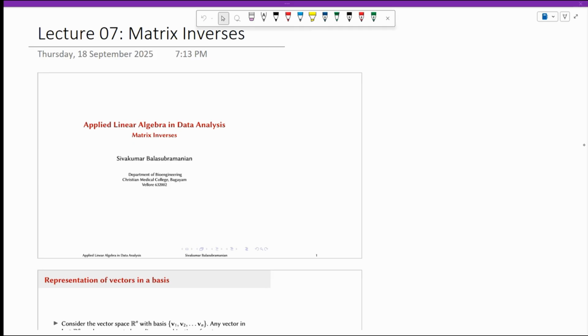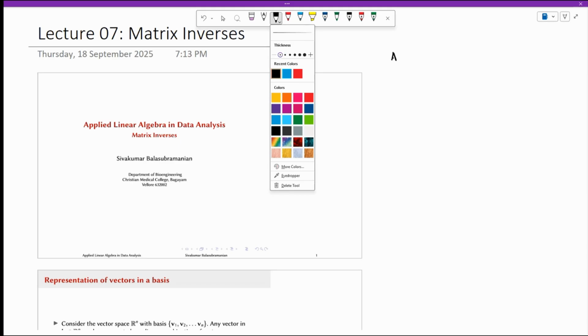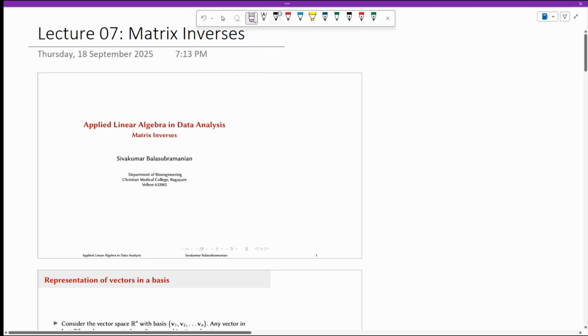So here we will look at what we algebraically know a matrix inverse is. For example, if I have a matrix A, and I tell you that B is an inverse of this matrix, what all do you know about A?